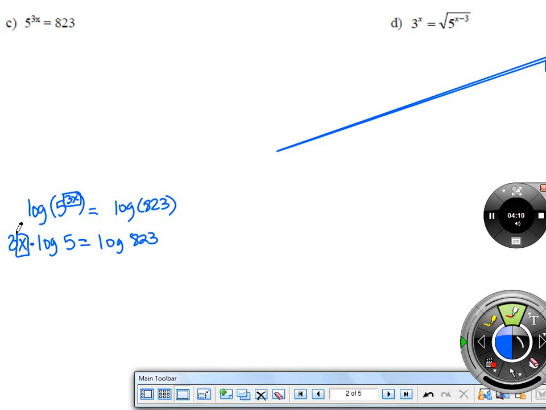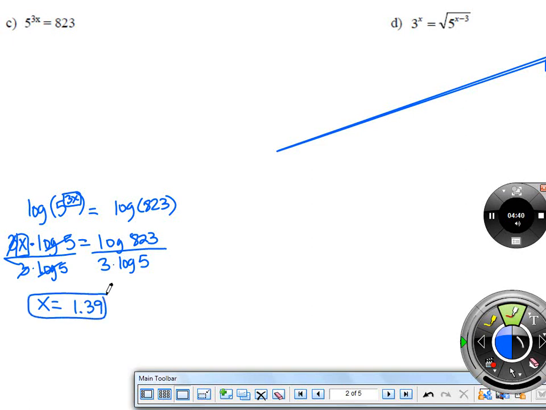It's being multiplied by a 3 and a log of 5. And that's log base 10 of 5. That has value. You can type it into the calculator and see what it is. So I'm going to divide both sides by 3 times the log of 5. This factor will cancel out this one, and this factor will cancel out this one, just leaving x. And I will do that on the other side as well. And if I put that into my calculator correctly, I should get that x is equal to 1.39.